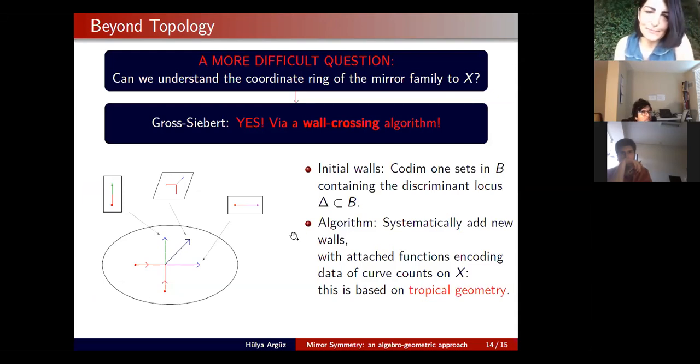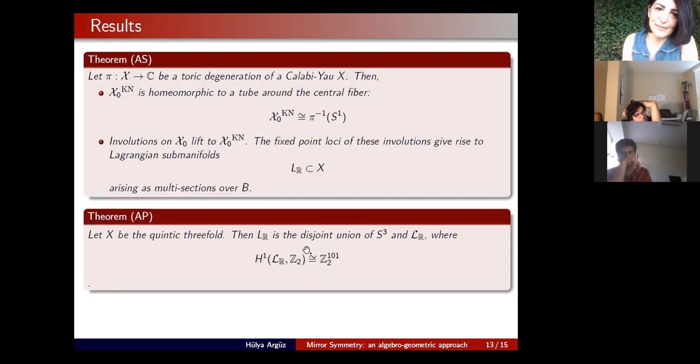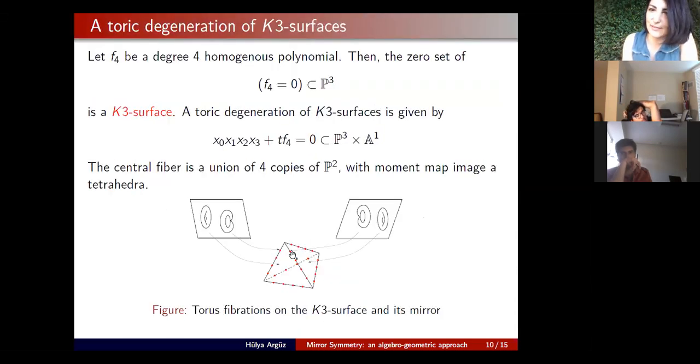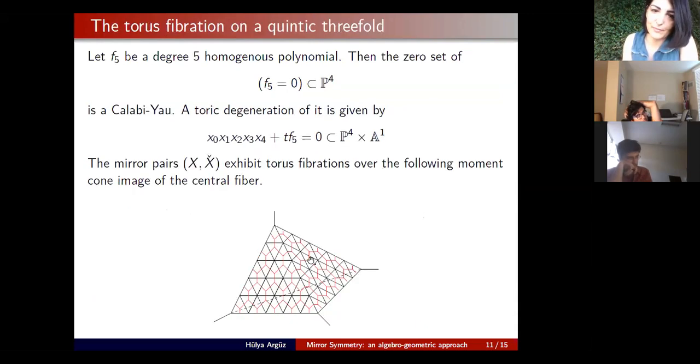So, okay, if you want to understand a more challenging question: the question we so far discussed was, you have this B and you try to understand a way to construct fibrations, torus fibrations on Calabi Yau's, either on a topological or symplectic level.